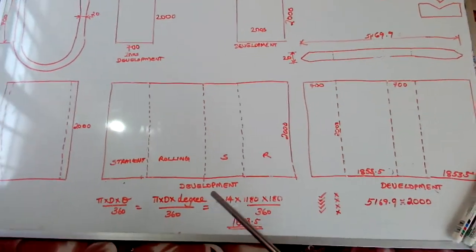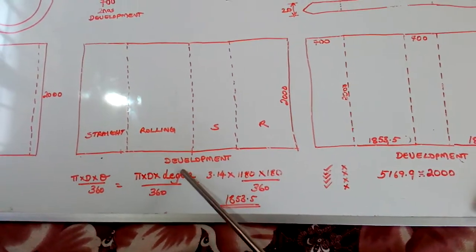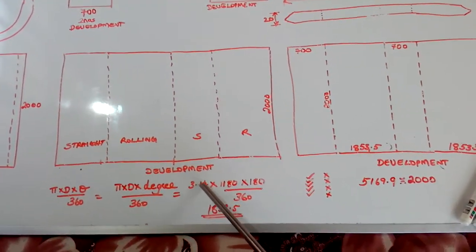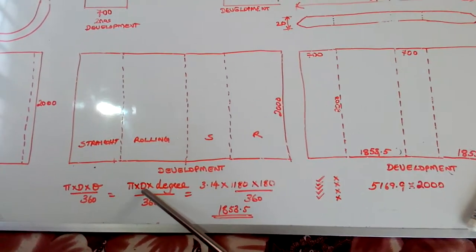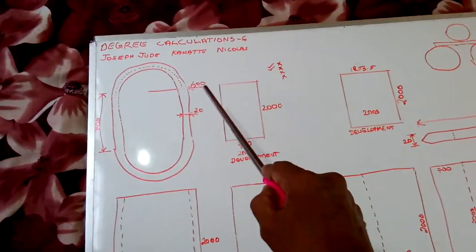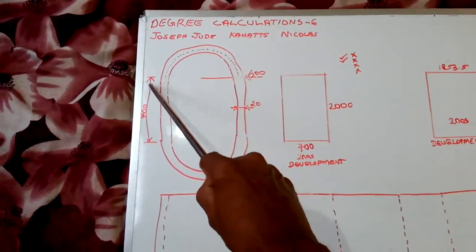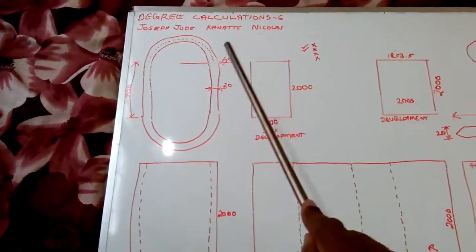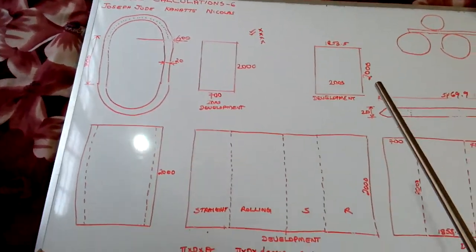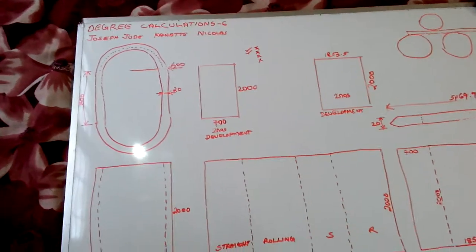Okay, we can apply these measurements in pi d into degree divided by 360. Pi is equal to 3.14. You know, d is 1180 because from 1200 we have decreased one thickness, half here and half here. Total one thickness we have decreased from the major diameter. We can say it in 2 ways.